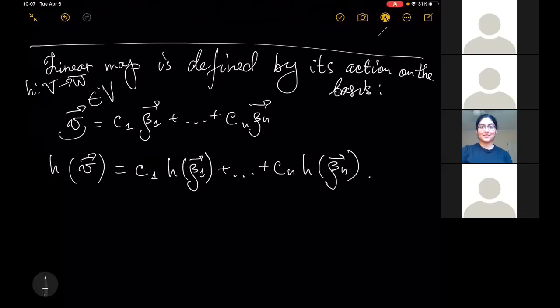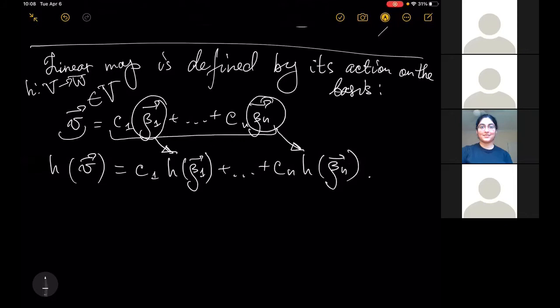In other words, in order to apply a homomorphism to any vector of the domain, all we need to do is express this vector with respect to some basis, and know how every vector of the basis is mapped by the corresponding homomorphism. Then we just do exactly the same linear combination.